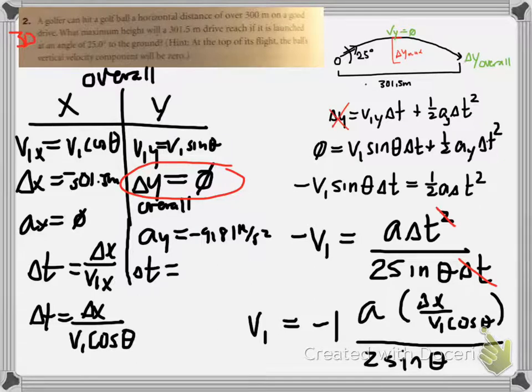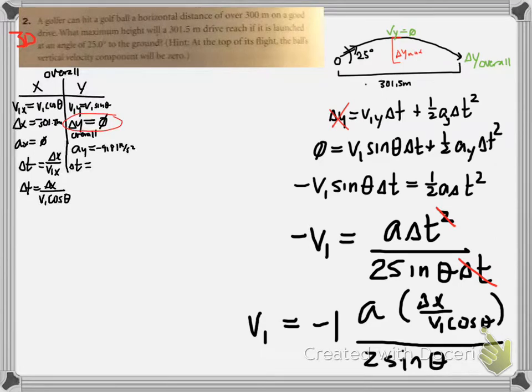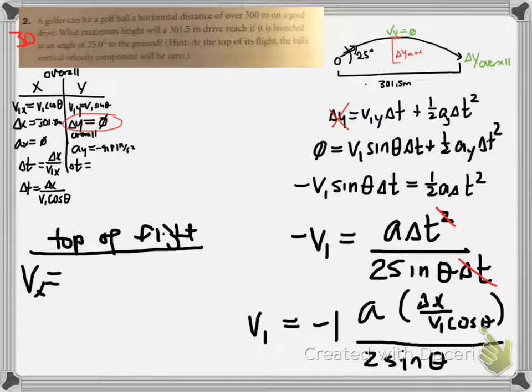Okay, I'm going to shrink all of that, because you could actually list a whole other set of variables, some of which would be the same, some of which would be different, that are called top of flight. And at top of flight, well, your Vx is the same as your Vi was, right?